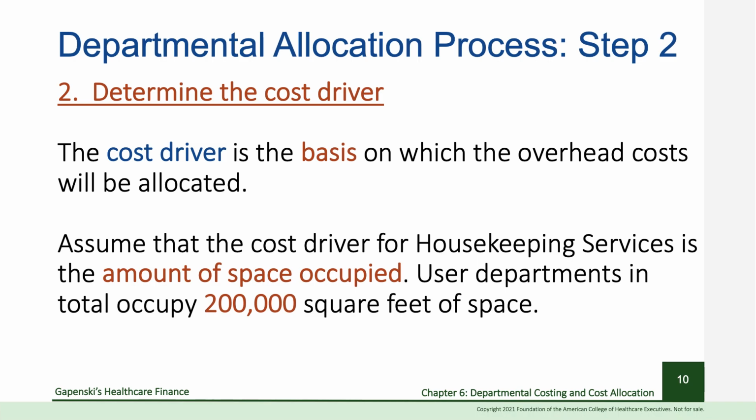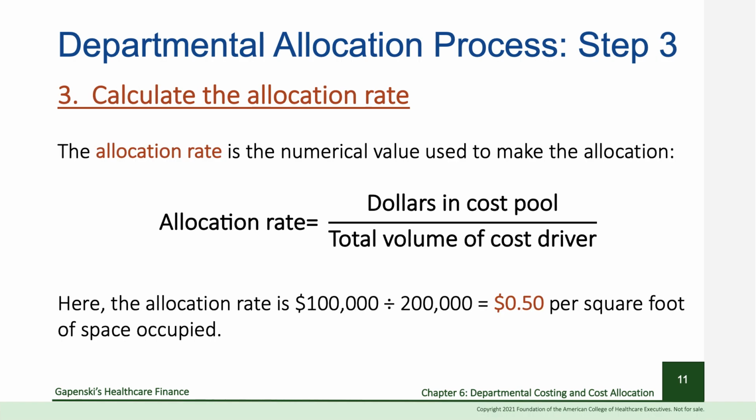So you have lab, you have ICU, radiology, pediatrics, all of those departments that are using housekeeping services, because there is a housekeeping service that goes and does the cleaning and the mopping and sanitizing every day over there. And all of these departments share 200,000 square feet of space.